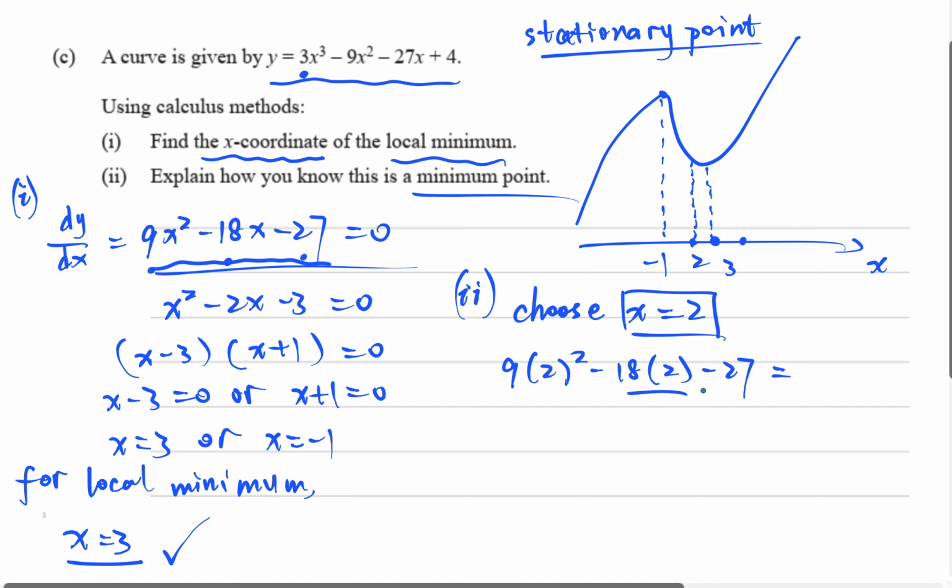This is 36 as well. They are the same, so they cancel each other. It's negative 27, a negative. That means between negative 1 and 3, the curve is going down, right?